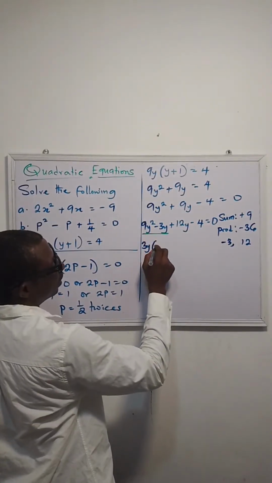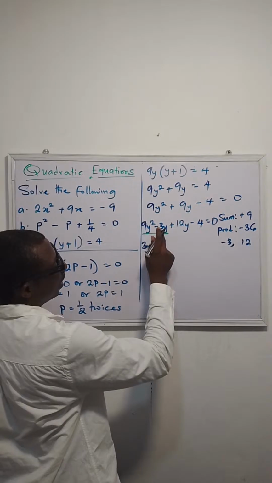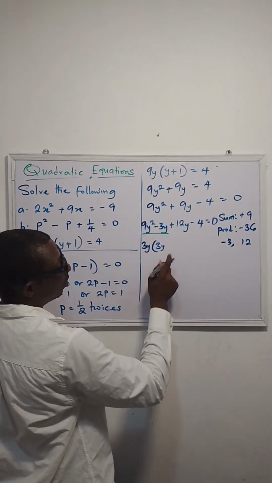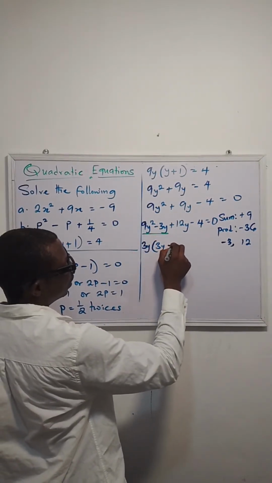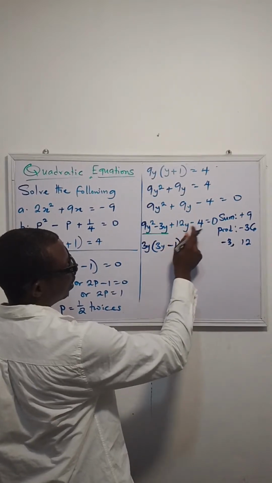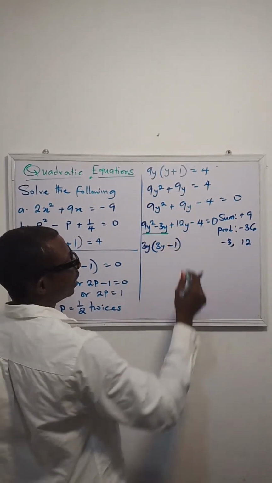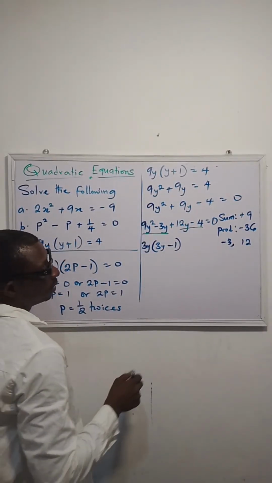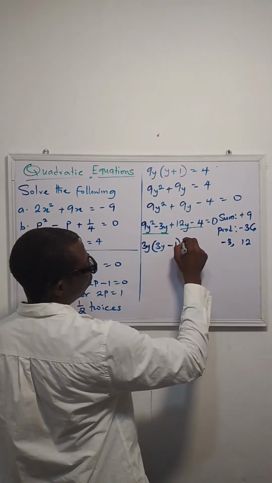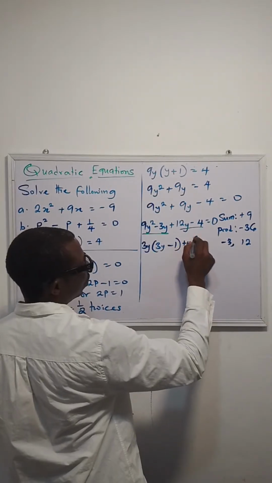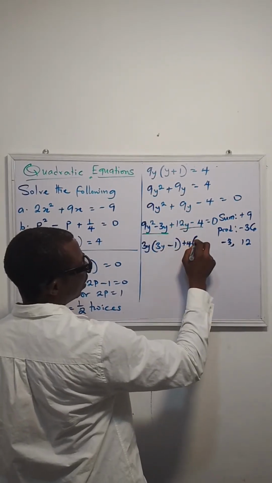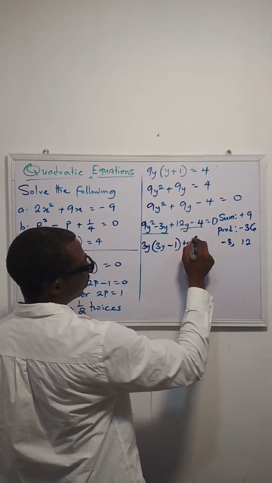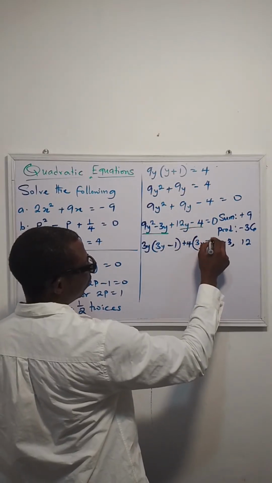When you divide this by 3y, you have 3y, and dividing negative 3y by 3y, you have negative 1. Look at the second terms. The GCD is plus 4. When you divide this one by plus 4, you have 3y, and this you have negative 1.